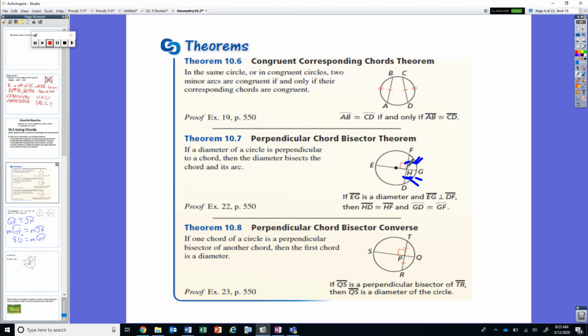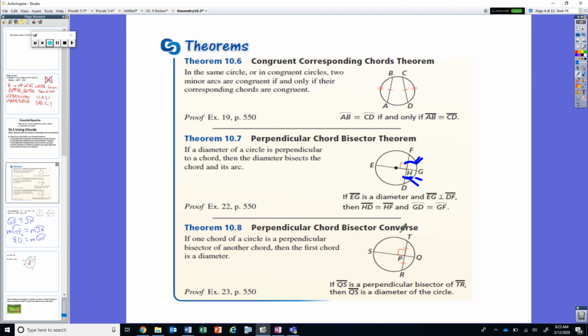So FH and HD are congruent, as are arc FG and arc GD. So it creates two different pairs of congruency based on its theorem.